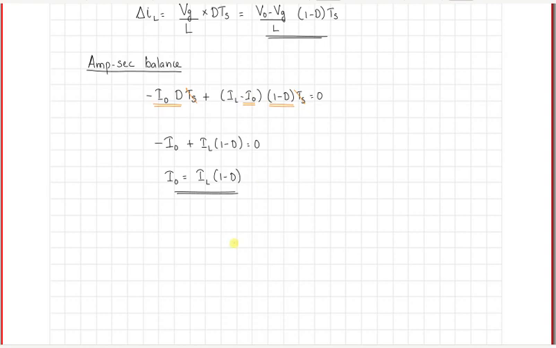Or you can also write the relation as IL is equal to I0 by (1 minus d), which you can then cast in terms of the voltages, because this I0 is V0 by R. So this is V0 by R times (1 minus d), and again you can write V0 as Vg by (1 minus d) using the relation obtained for the voltage gain. So this is Vg divided by R times (1 minus d) the whole square.